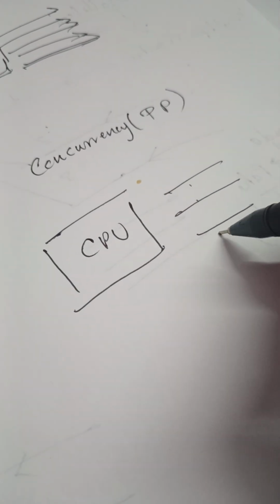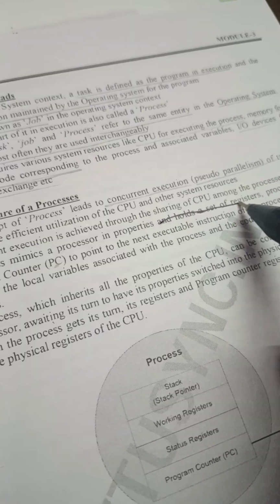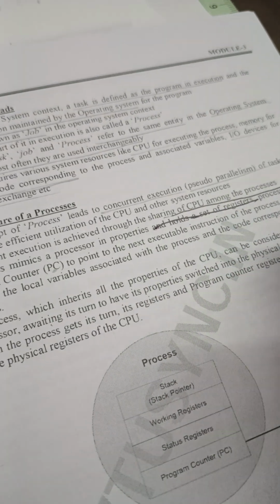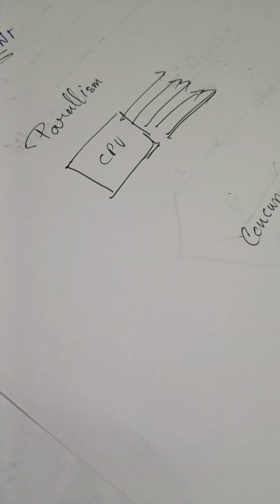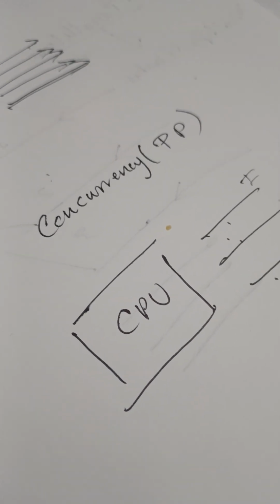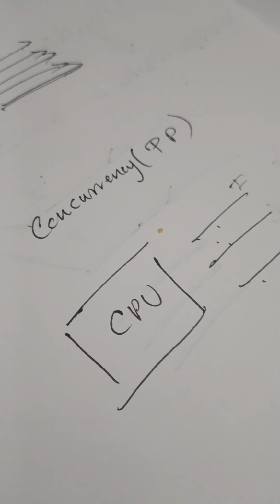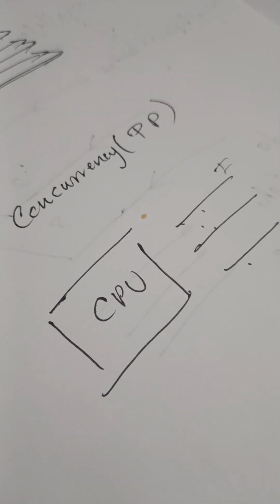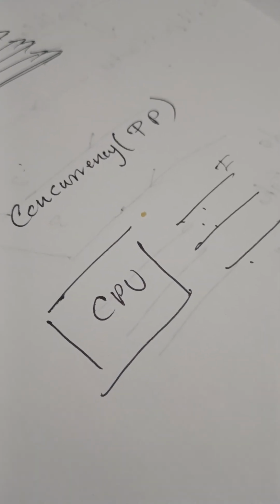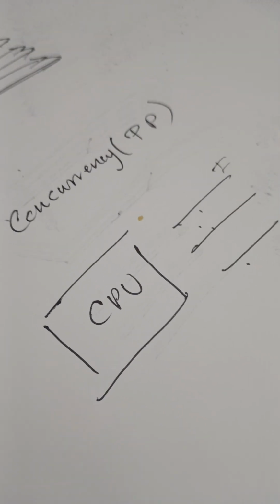The tasks are shared between the CPU, as I said here. Sharing of the CPU among the processes or tasks. The tasks are shared between the CPU so quickly that it looks like parallelism. The CPU does one task at a time, but each task shares the CPU spontaneously, one at a time. And this happens so fast, it feels like parallelism, but it isn't.